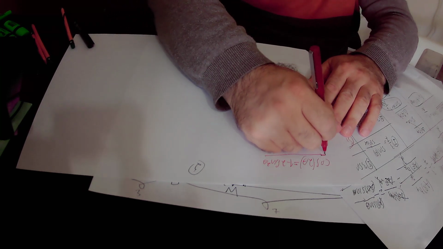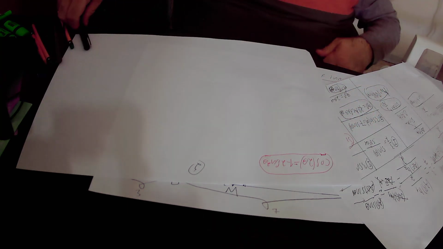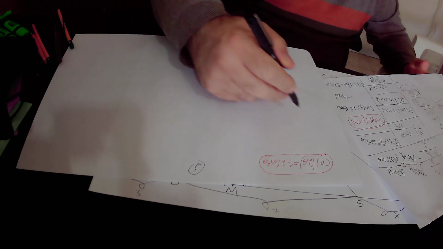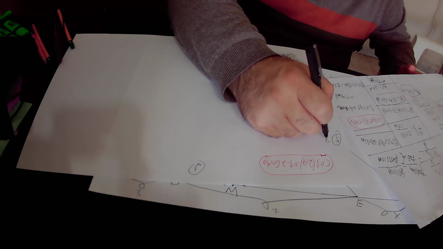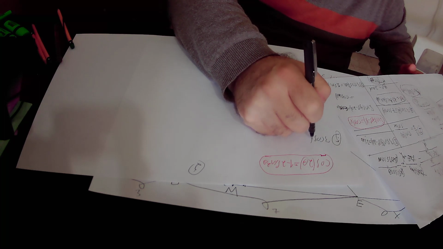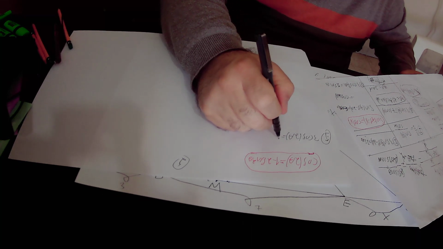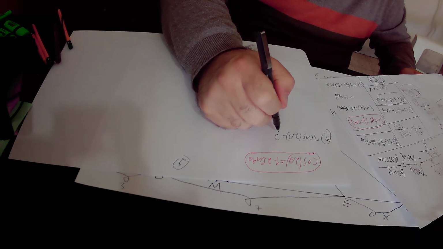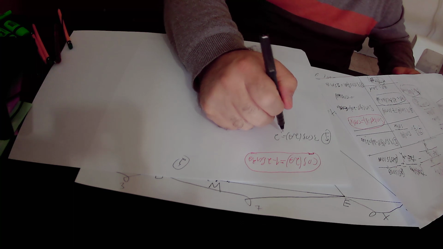According to equation number 1, we found out that 3 times cosine 2 theta equals 7 times sin theta.